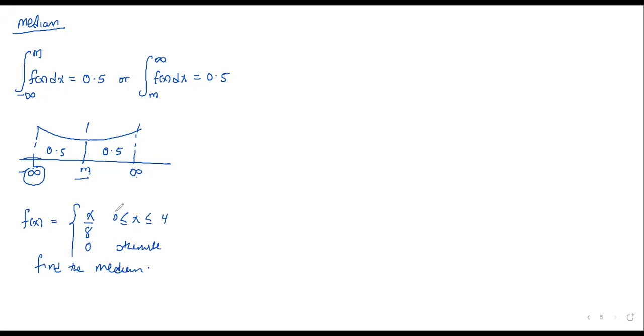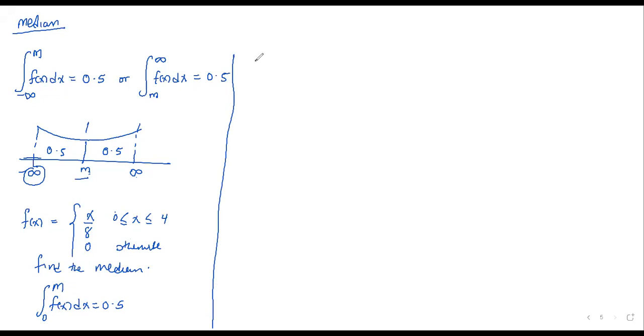Negative infinity in this case is 0. So it means I'll integrate from the smallest value, which is 0, up to where the median is, which is f of x dx should give me 0.5. Just like you had knowledge of total area under the graph. So total area for the median is 0.5.